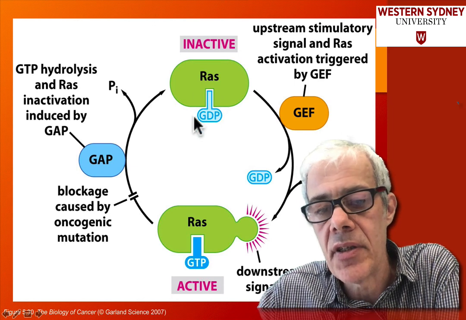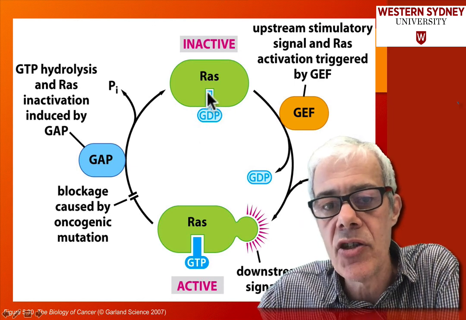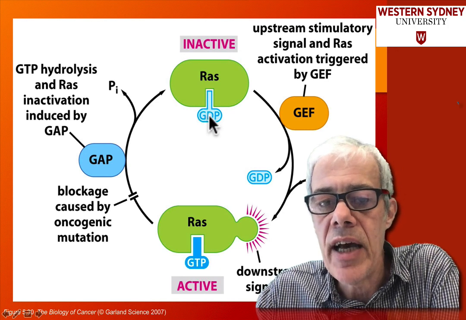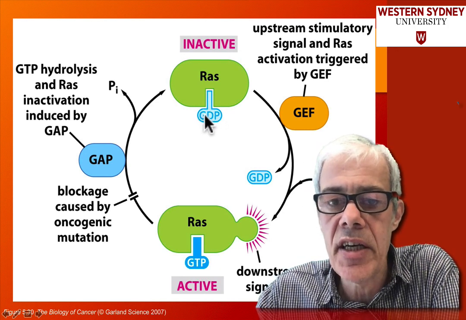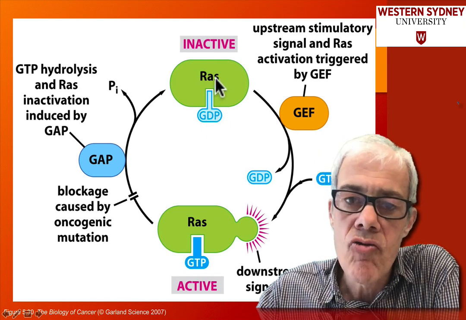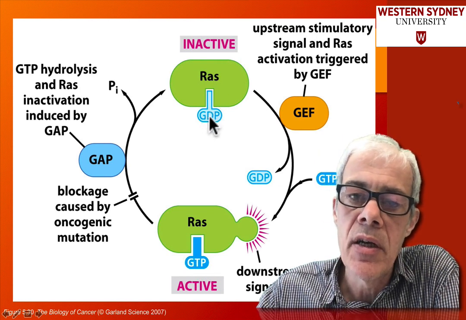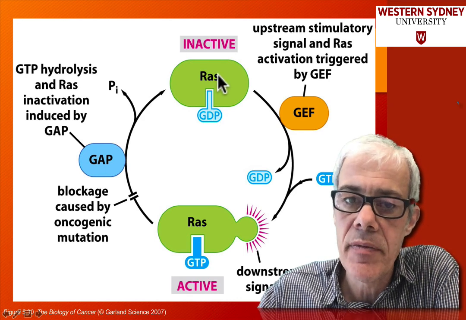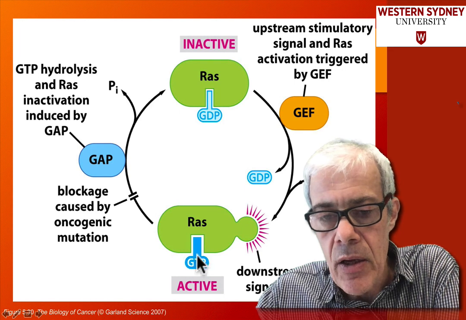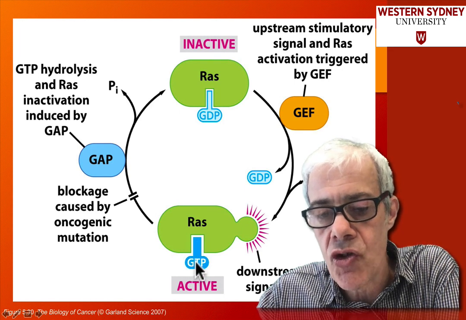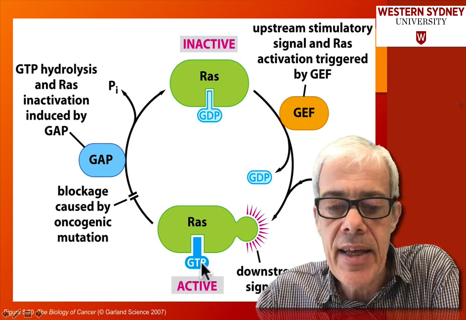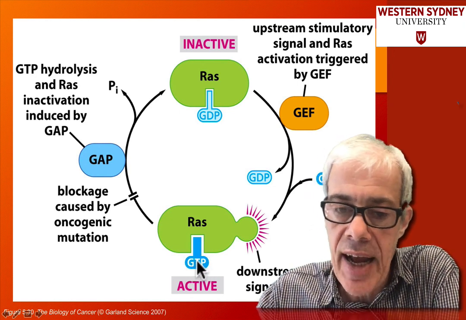When it's bound to the nucleotide as a diphosphate, a guanosine diphosphate, GDP, RAS is inactive. Somehow in the cell, RAS can also bind to a triphosphate, a guanosine triphosphate, and then when it's bound to the triphosphate, it's active.